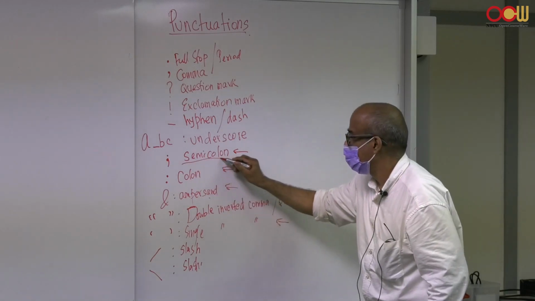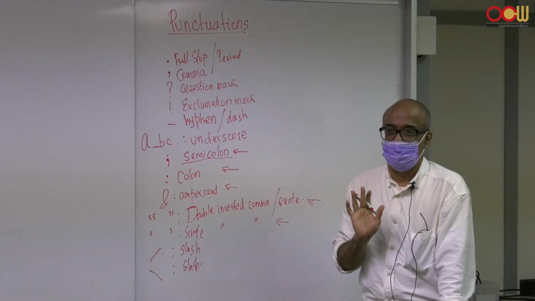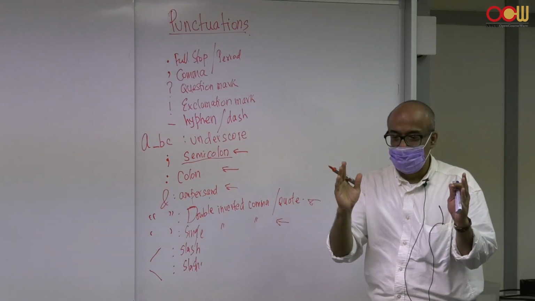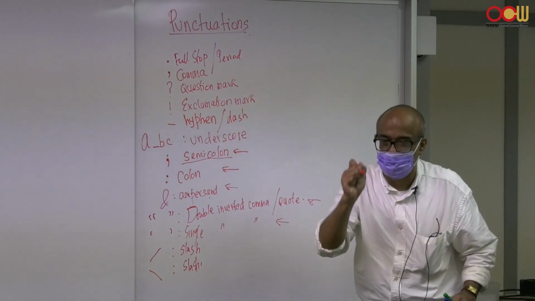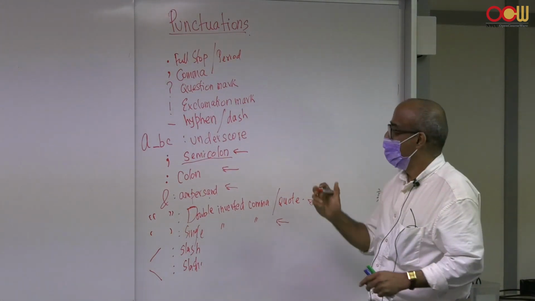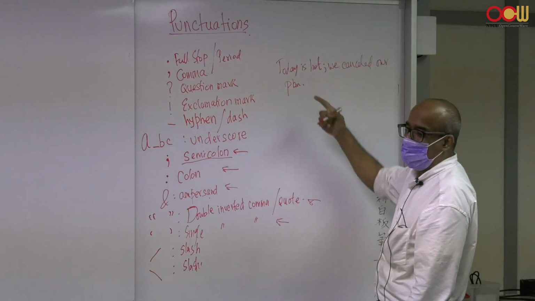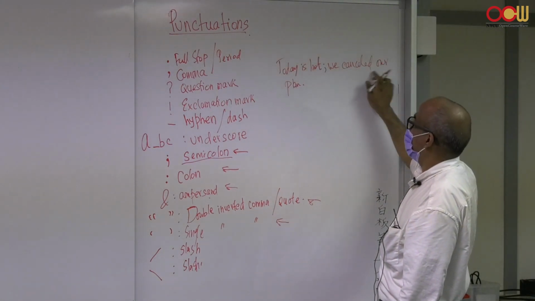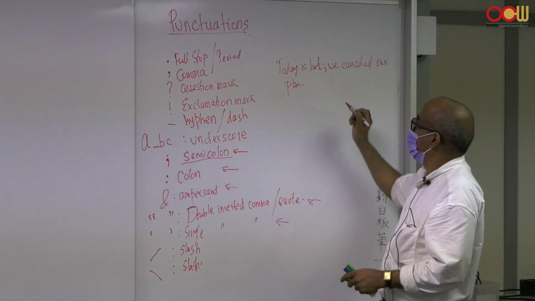Semicolon. Semicolon is used like a full stop. So you want to break your information, but you don't want to put a full stop, you put a semicolon. So you can write, today is hot, semicolon, we cancelled our plan. Now see the difference.